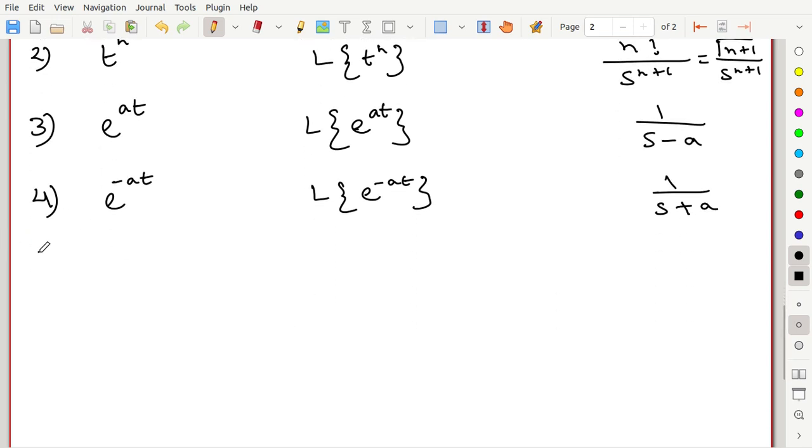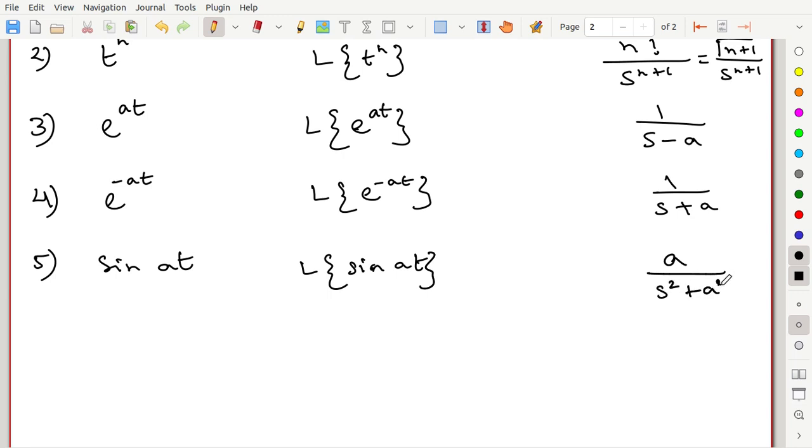The fifth one is the Laplace transform of sine at. If our function is sine at, then L of sine at equals a divided by s square plus a square. The thing we have to remember is whenever we come across sine or sinh, the numerator will be a.